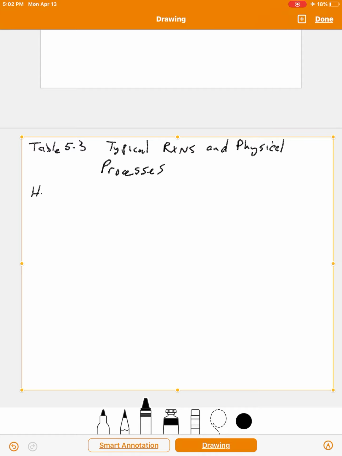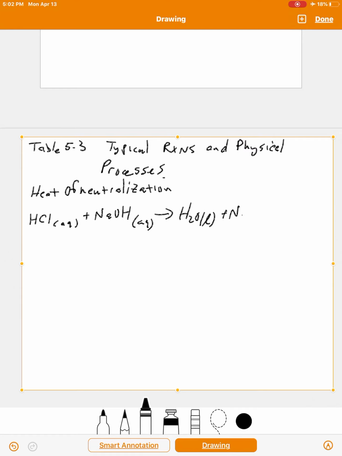This is called heat of neutralization. If you remember back from chapter 4, neutralization, an acid neutralizing a base. An example of that is HCl plus NaOH, that's the one we just did, giving H2O and NaCl.